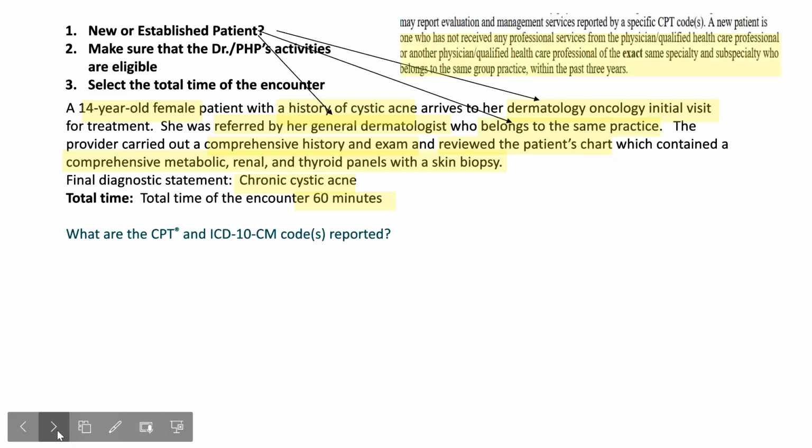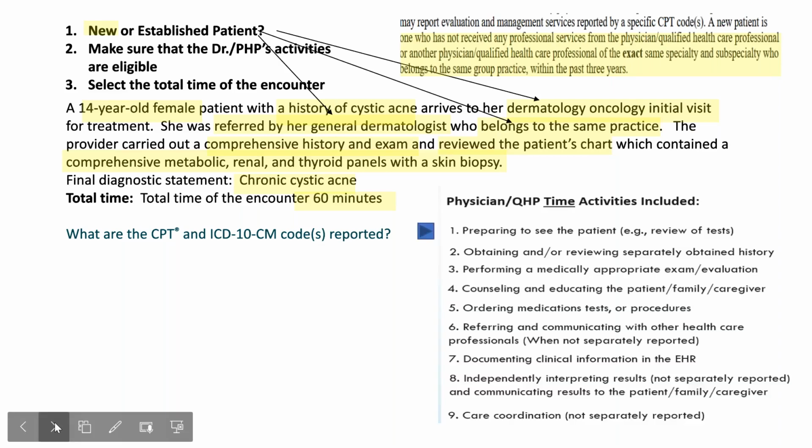But remember, our guidelines say for it to be a new patient, she has to have not received services from the physician or another physician of the exact same specialty and subspecialty who belong to the same group within the past 3 years. Both these doctors belong to the same group or practice, yes, but they do not have the same subspecialty. One is a dermatology oncologist, one is a general dermatologist. So this would be a new patient. This would be a new patient visit.